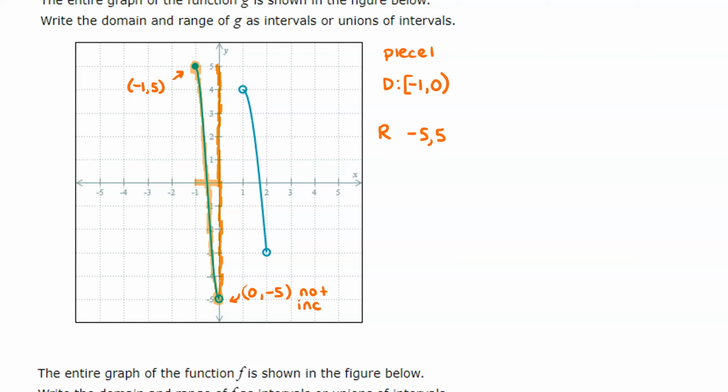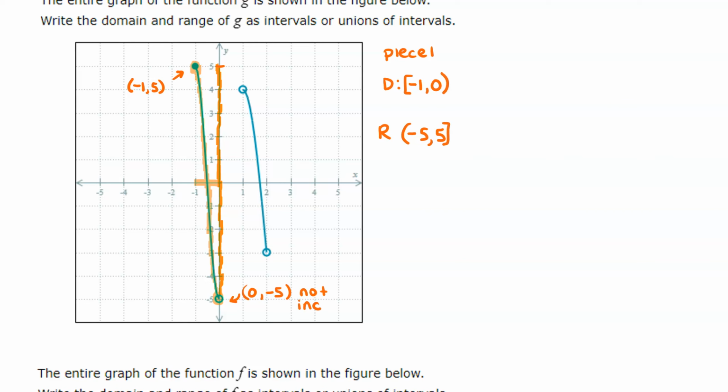Now, let's go back to the openness or closedness. The point (0, -5) was not included, which means -5 is not part of your range for this piece. There's no jumps or skips in this orange side, and it stops at 5, and since (-1, 5) was included, 5 is included in the range.